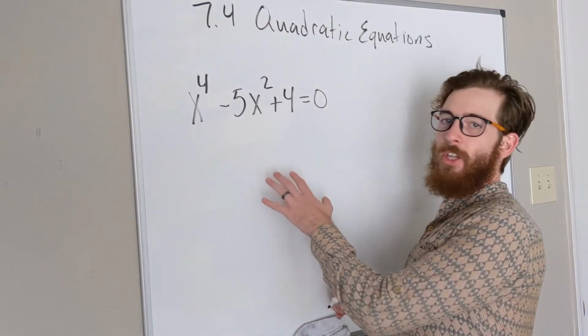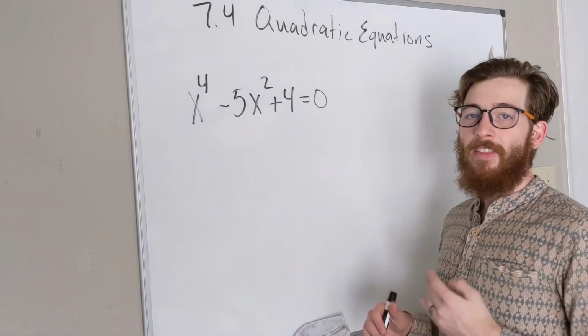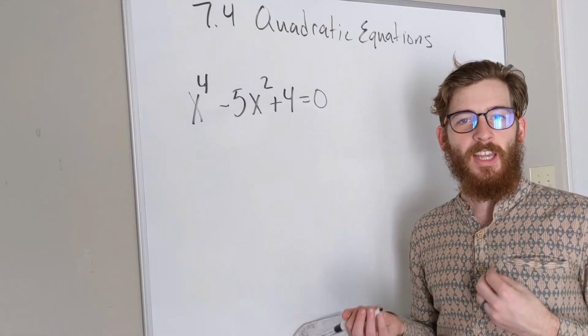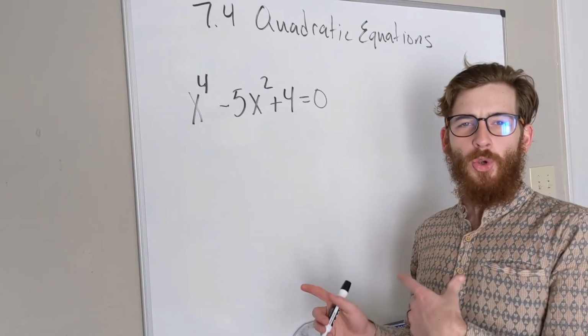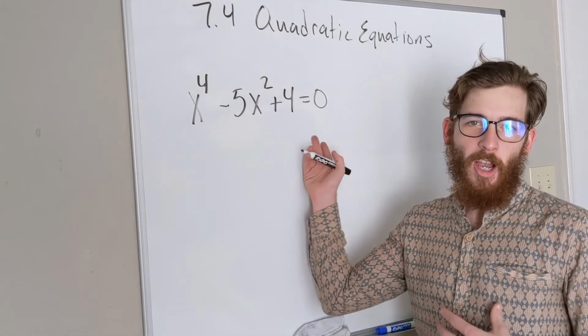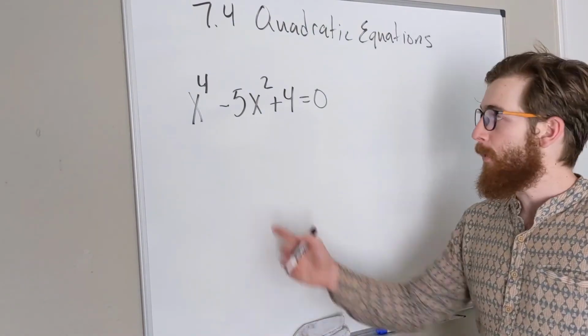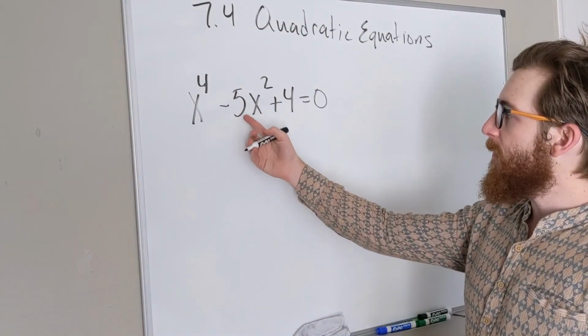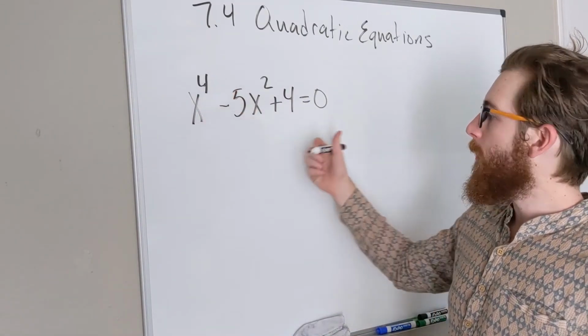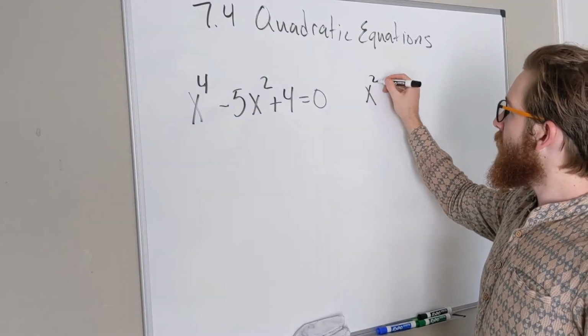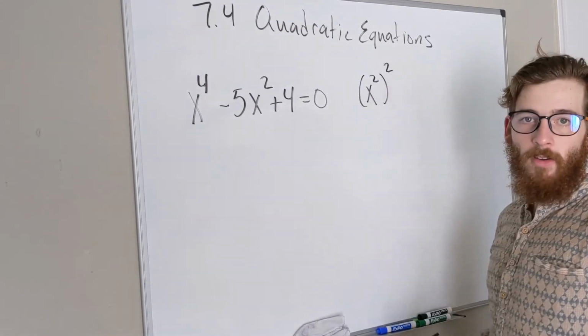I do want to mention quickly that there is this kind of very interesting idea where we could substitute in a u and solve things that are not quite quadratic. For example, x to the 4th minus 5x squared plus 4. x to the 4th is really x squared squared.